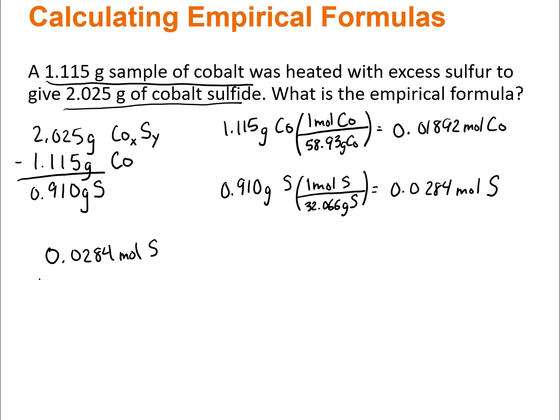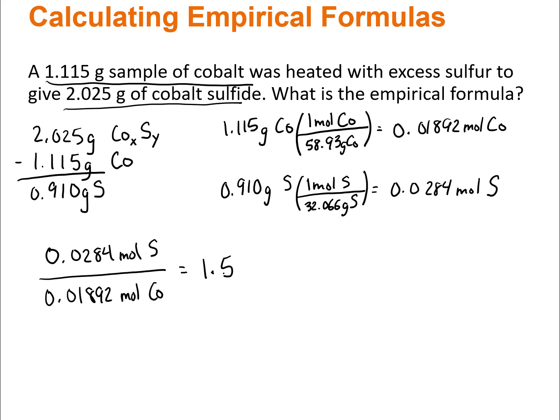So if I've got that much sulfur and that much cobalt, when I do the division, I get about 1.5.